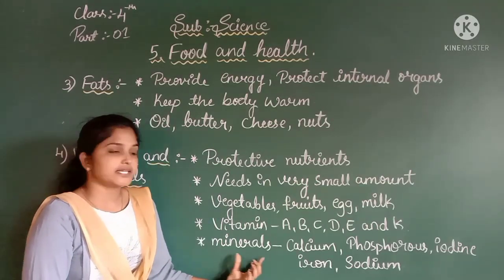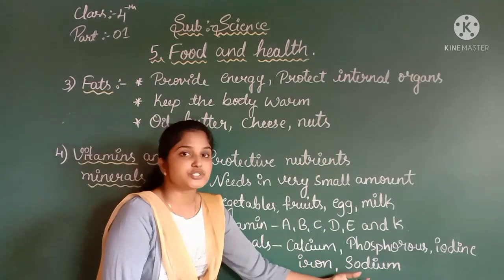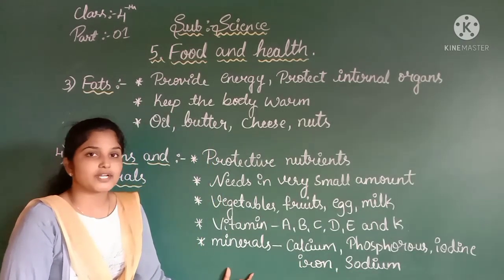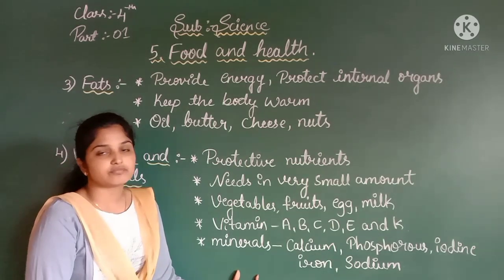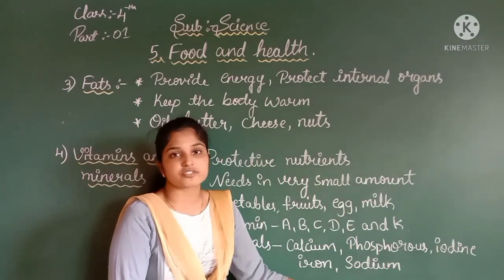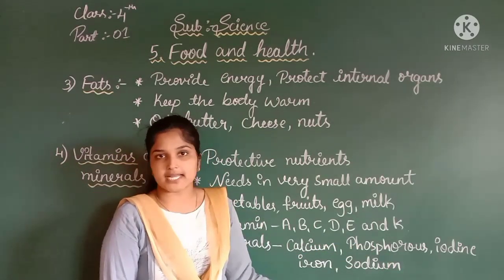Minerals like calcium, phosphorus, iodine, iron and sodium are required in a small amount by our body. Each of these nutrients has different functions in our body, and you will learn them in the higher classes.